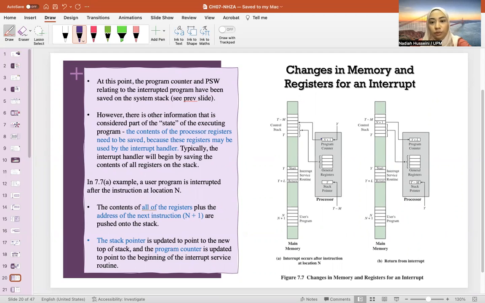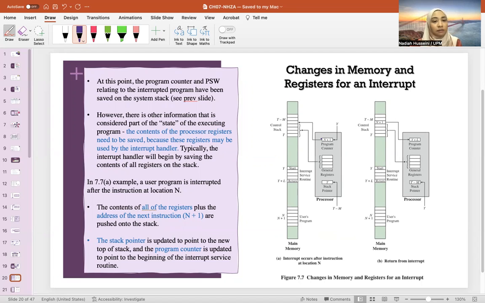I told you that when a processor is currently processing another instruction, but it receives an interrupt, right? What happens is that it needs to finish what it is currently doing. I think I've repeated this about 10 times. So it finishes what it's currently doing before it responds to the interrupt.